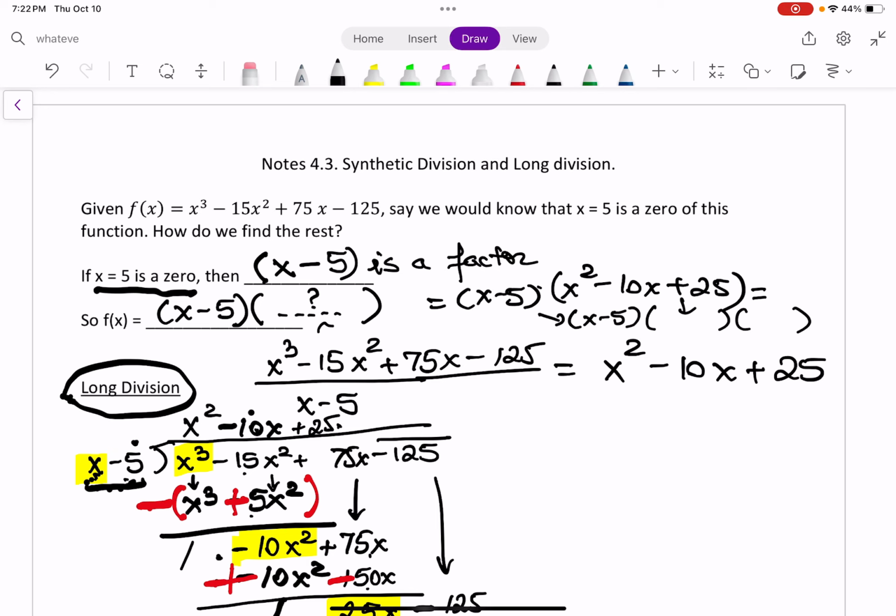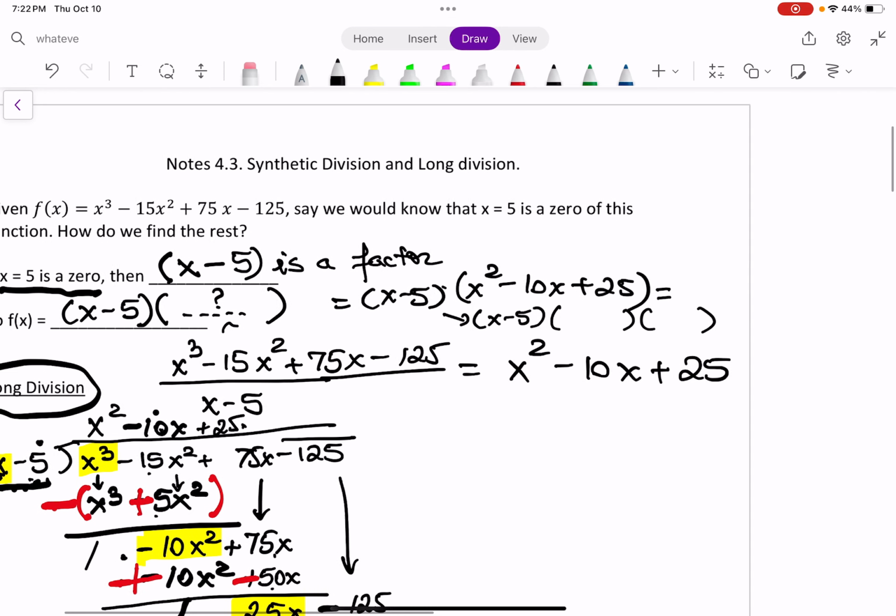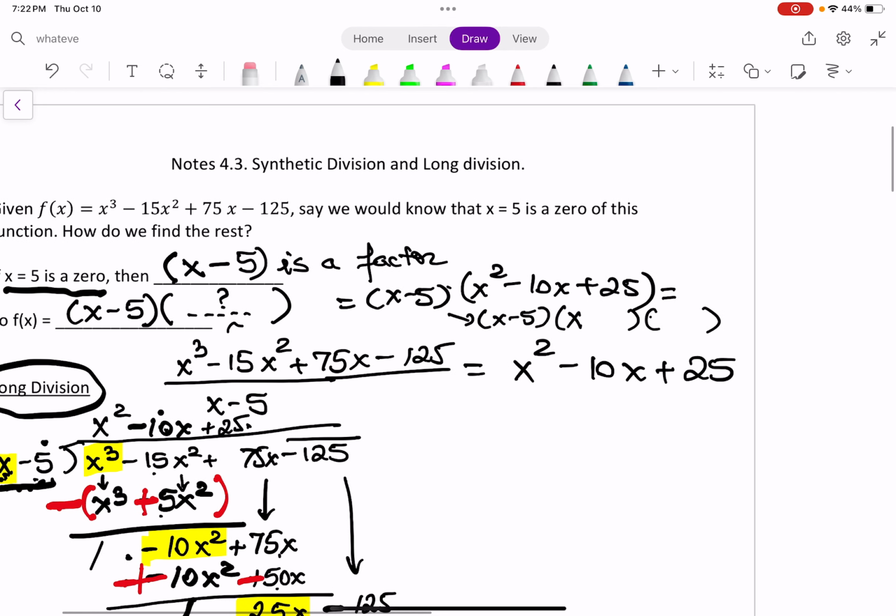Okay, we know how to factor quadratics like this. In other words, we're going to think about what? X squared comes from an x and an x. And numbers that multiply to 25 and add to 10 are, by the way, another minus 5 and minus 5. So yeah, kind of like the 125 was a 5 cubed, this whole polynomial in the end is an x minus 5 quantity cubed.